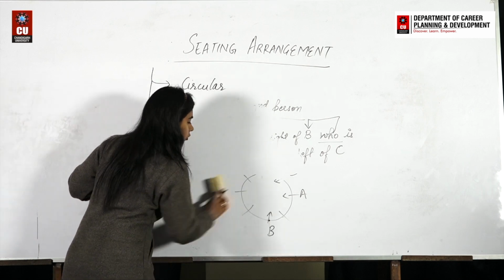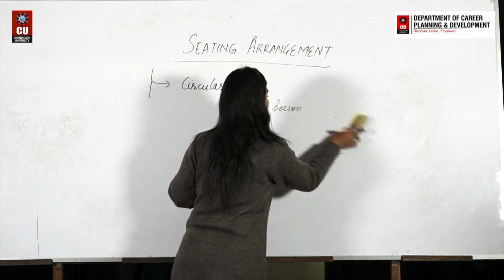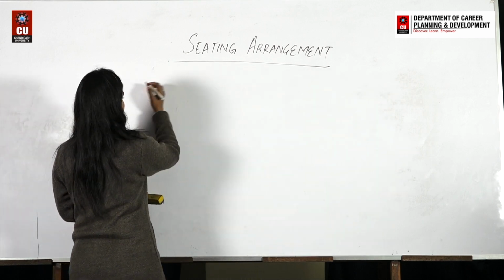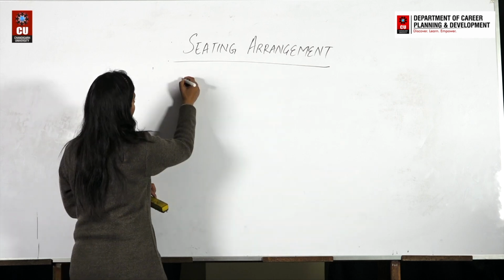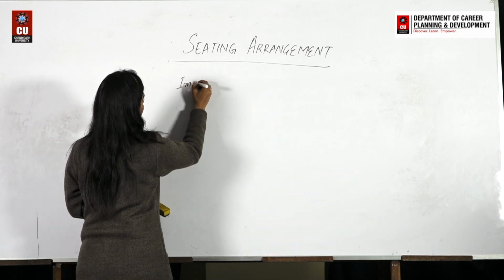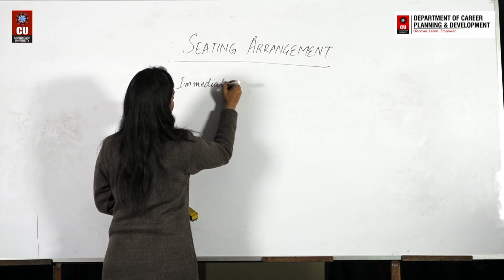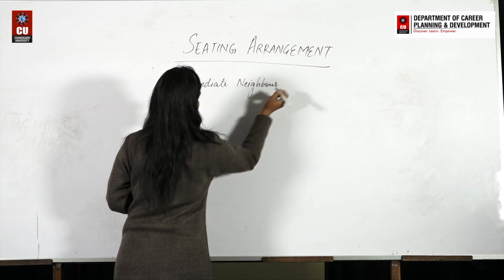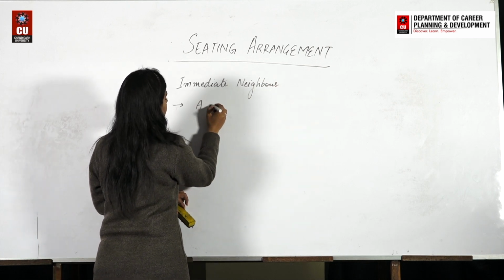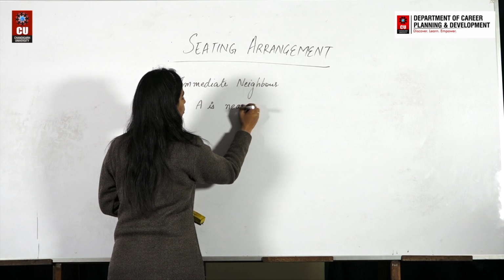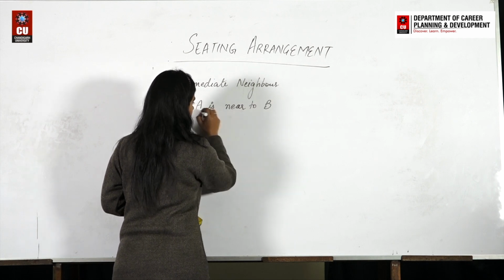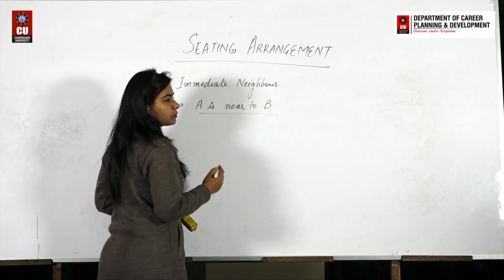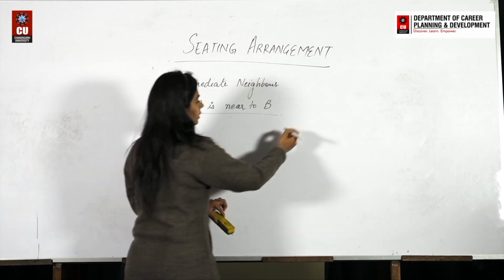Now we will discuss some other points before taking an example. First is when the statement says immediate neighbor. Say A is near to B. Immediate neighbor means both are neighbors.